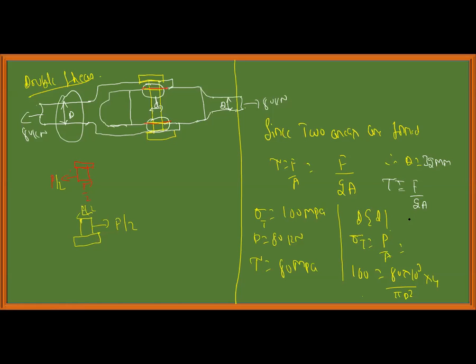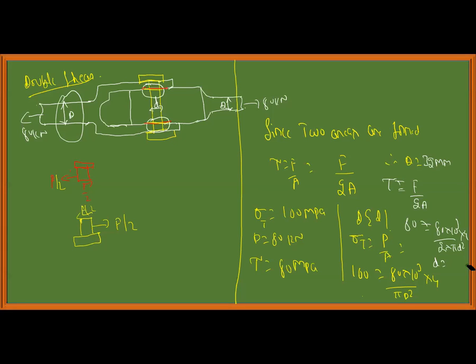I know tau is equal to 80 MPa, which is equal to F, which is given, 80 into 10 power 3, by 2 into pi d square by 4. Tell me what is d. Sir, the denominator is not clear.